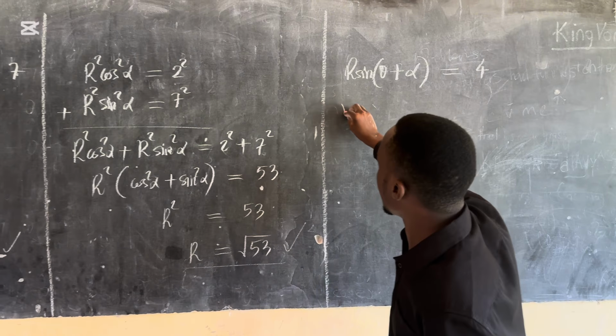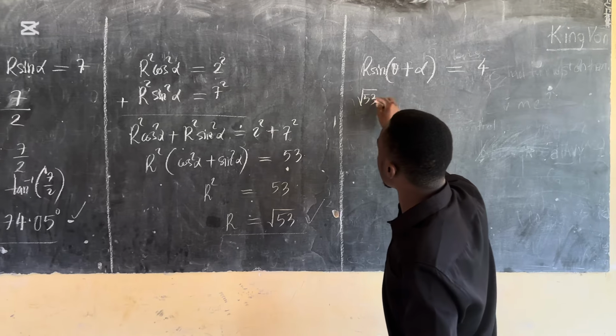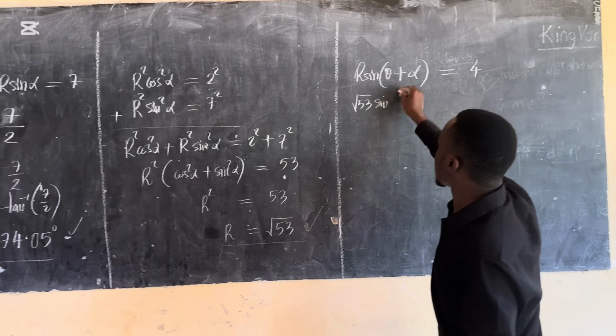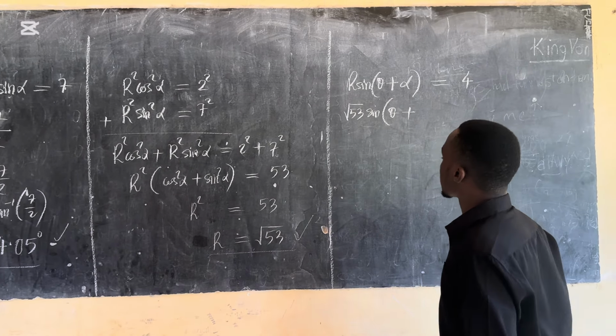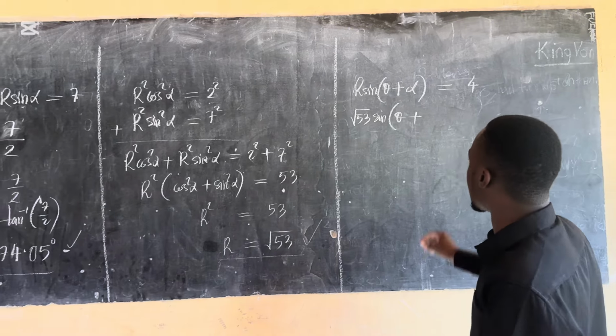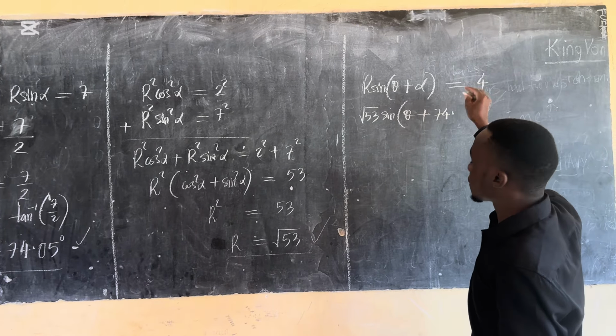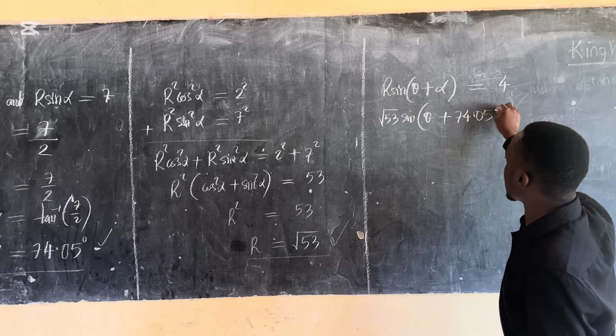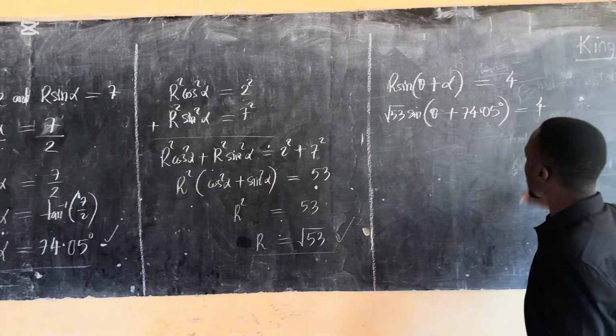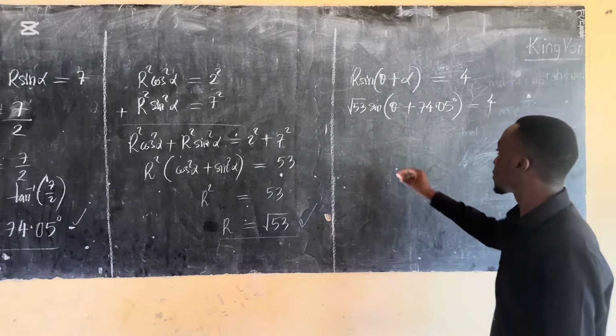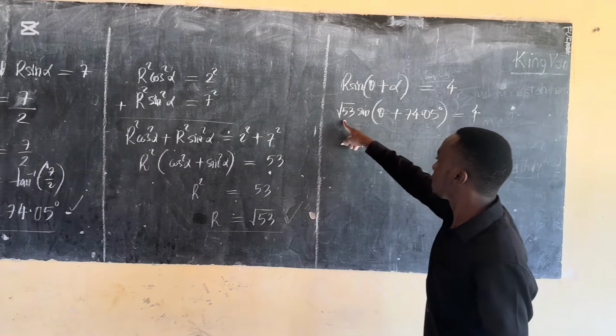And our r, we are having it as a root of 53, sin theta plus our alpha 74.05 degrees is equal to 4. And from this point, we will continue by dividing this on both sides.